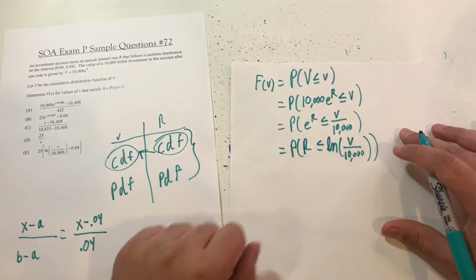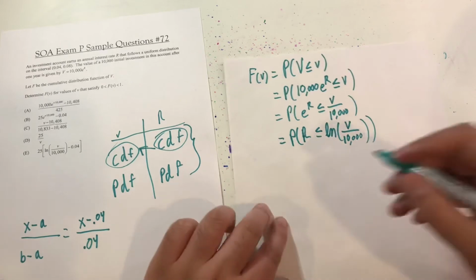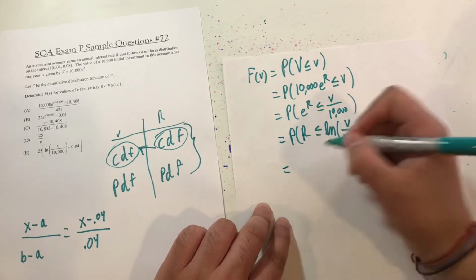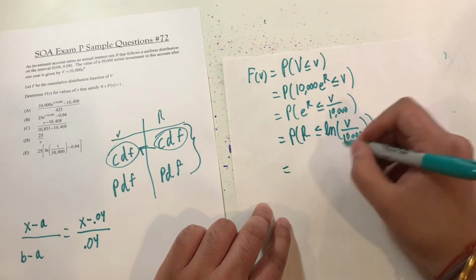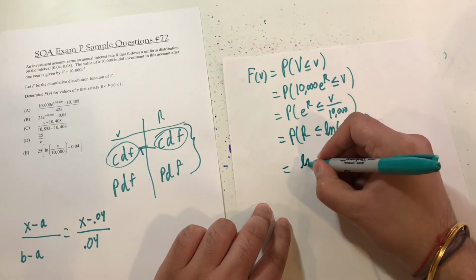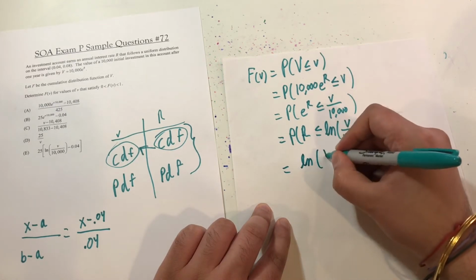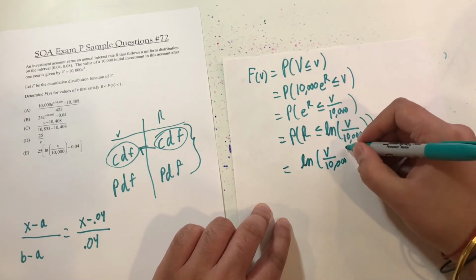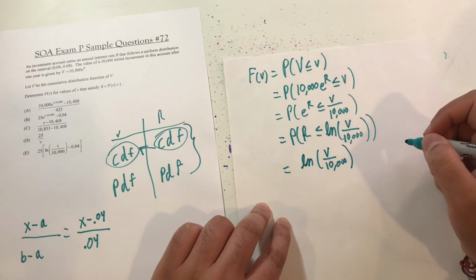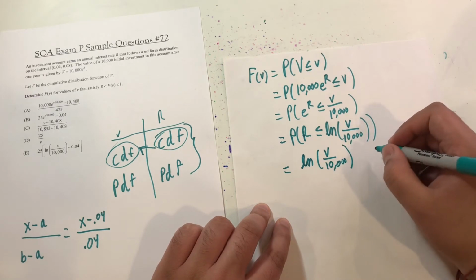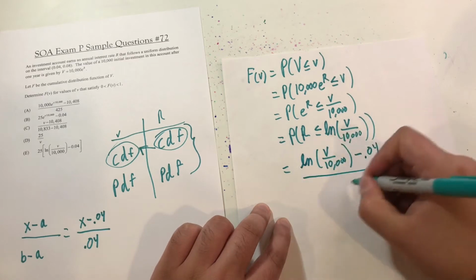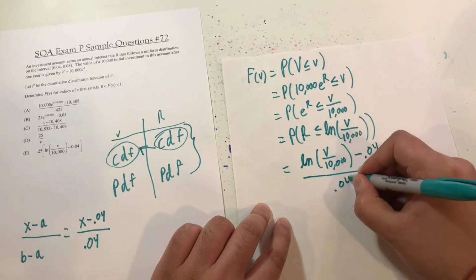So now that we found the CDF of V in terms of R, I can just plug this in. I can just write this as the natural logarithm of v over 10,000 minus 0.04 over 0.04.